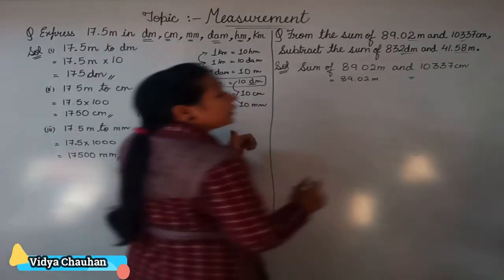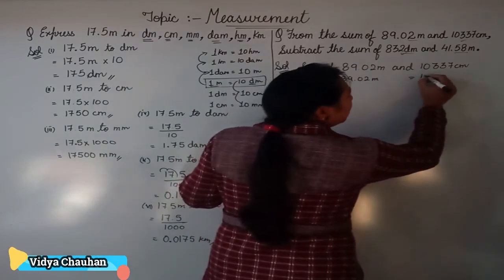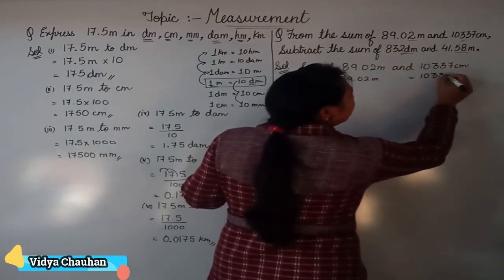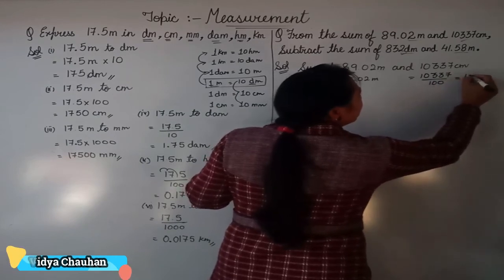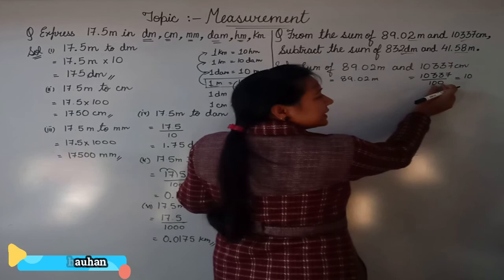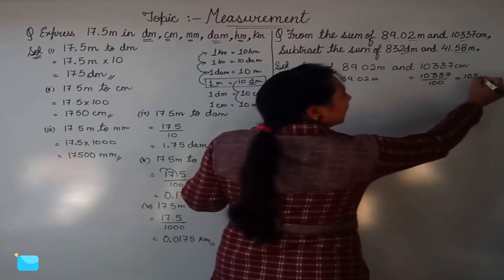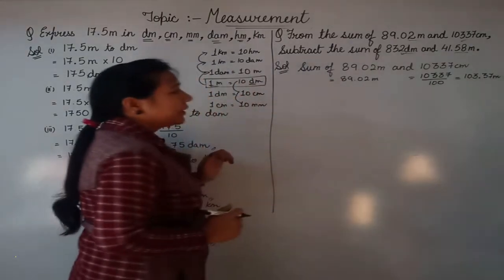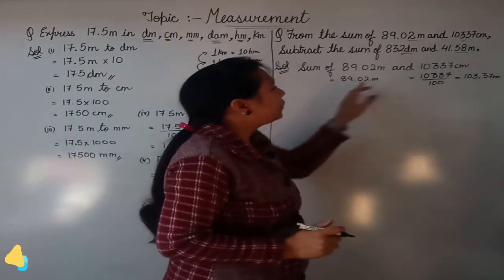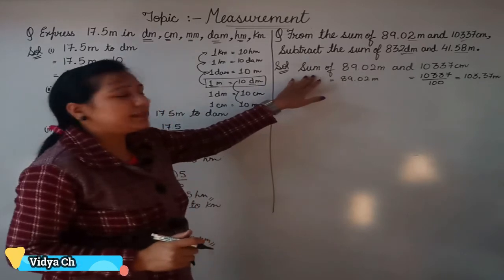Two steps means dividing by 100 two times. So 10337 divided by 100, the decimal moves 2 places, so it becomes 103.37 meter.